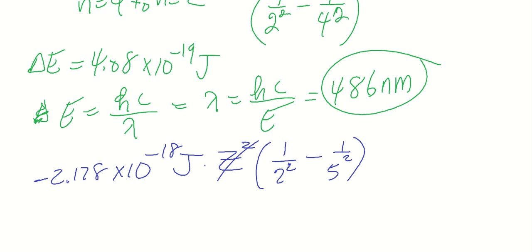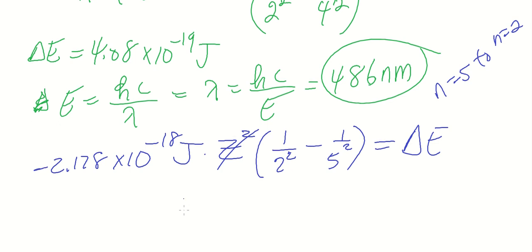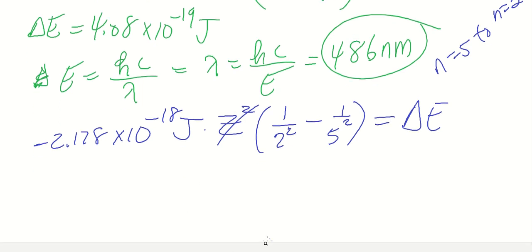The energy change is for that electronic transition from N equals 5 to N equals 2, which produces that blue line, which has a wavelength of 434. Let's see that 434 come out of our calculator.